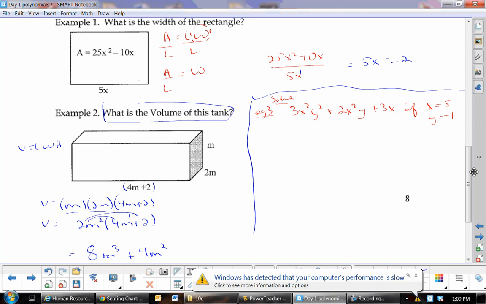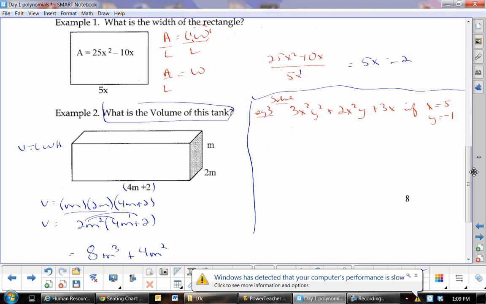What are you getting? Nope. 80. Nope. 40, yep. Anyone else get 40? You got 40?